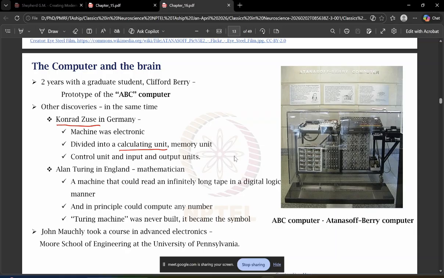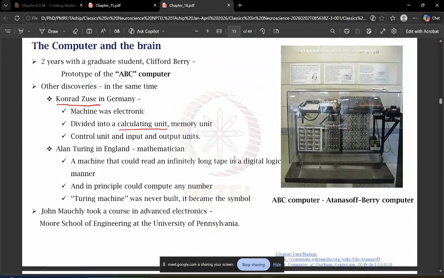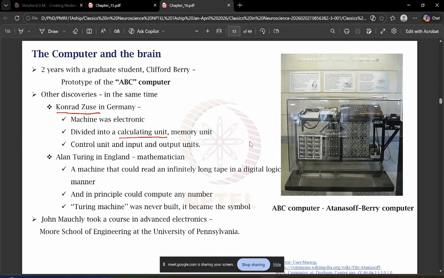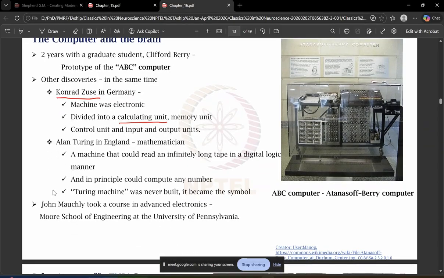He wanted to patent it, but the war came and he could not patent the idea of this computer at that time. He also showed his idea, while he was designing this prototype, to John Mauchly.